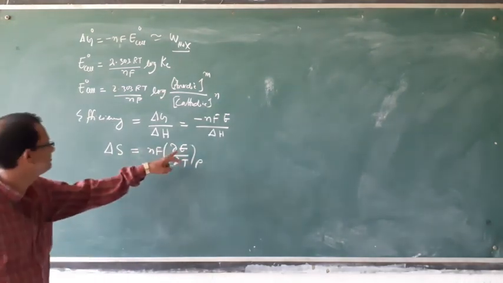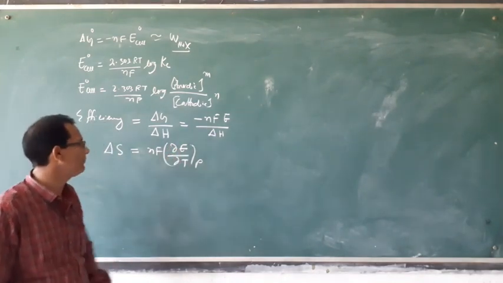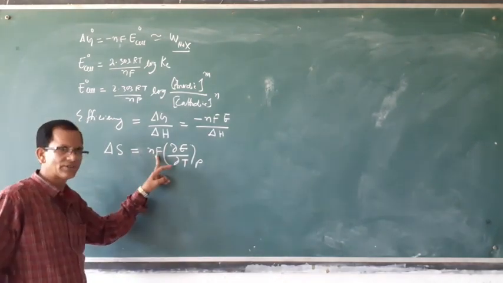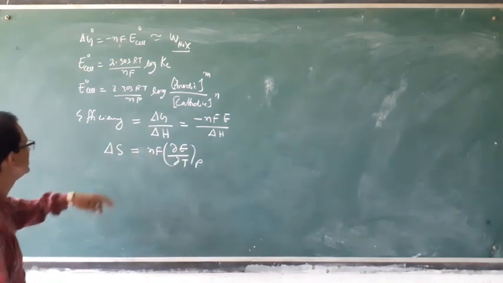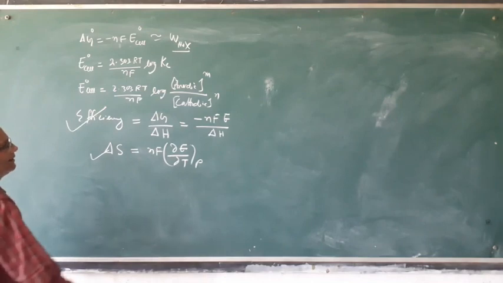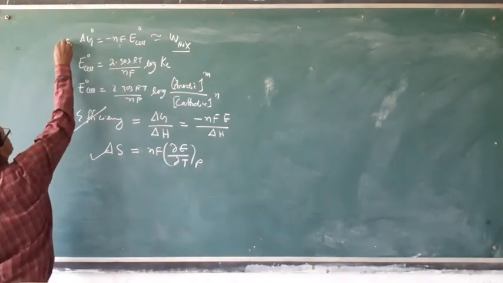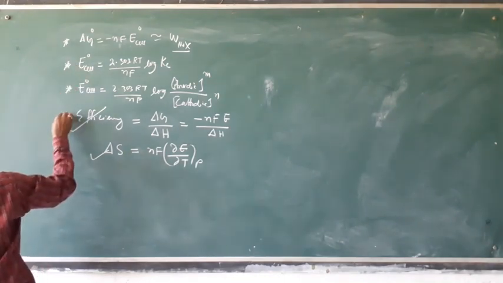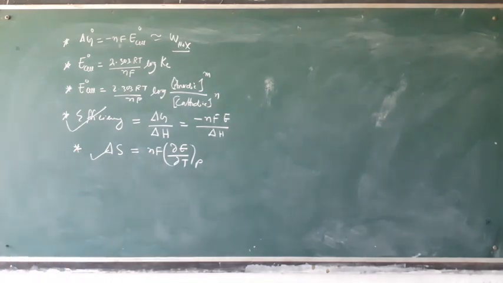What is del E? Del E is the change in electrode potential, T is the temperature, F is the Faraday constant, n is the number of electrons lost or gained. This is the entropy change. This is the efficiency of the cell. This formula can be used. Very important for calculation.